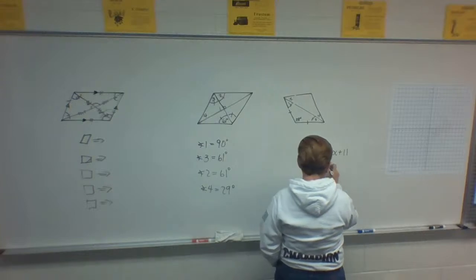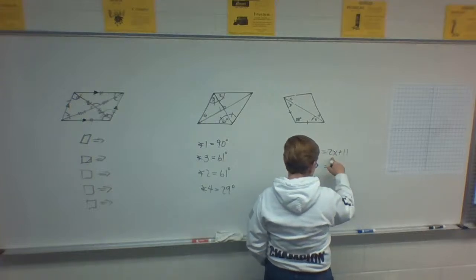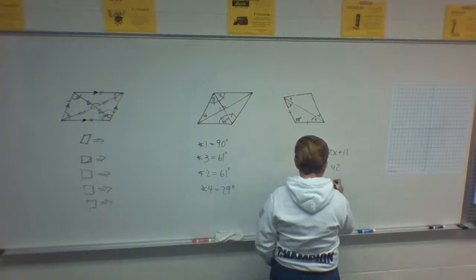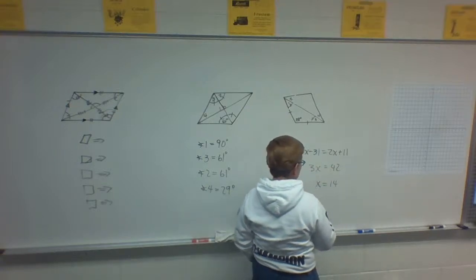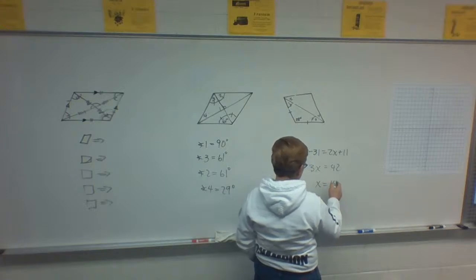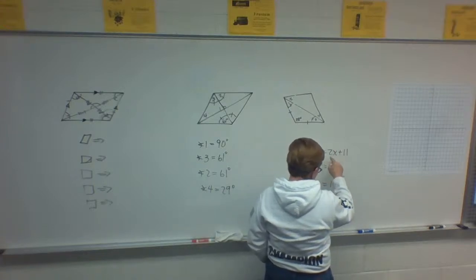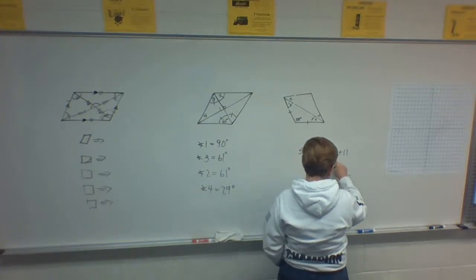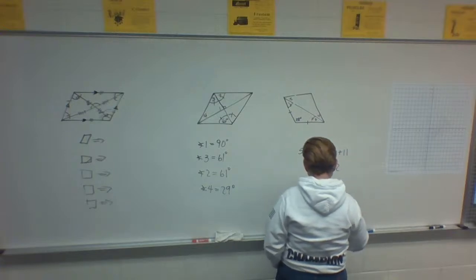So if I add 31 to 11, I get 42. And if I take 2x from 5x, I get 3x. And if I divide 3 into 42, I get 14. Which means the lengths of the diagonals, this is not the answer, are going to be 2 times 14 plus 11, or else 5 times 14 minus 31. Either way, you're going to get the same answer. So it's going to be 28 plus 11 is 39.